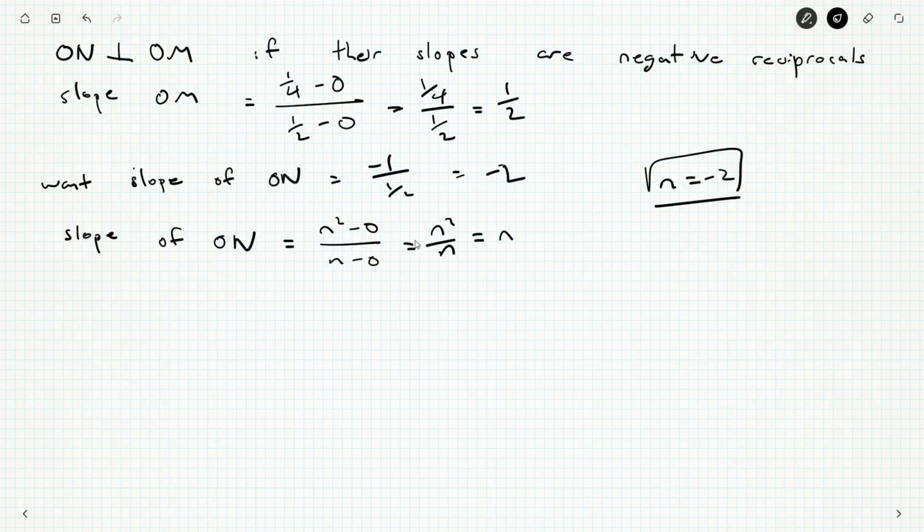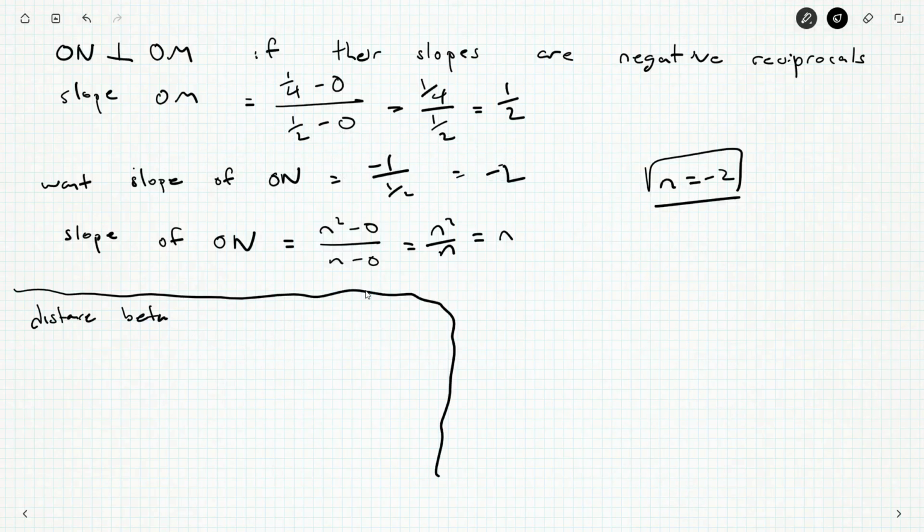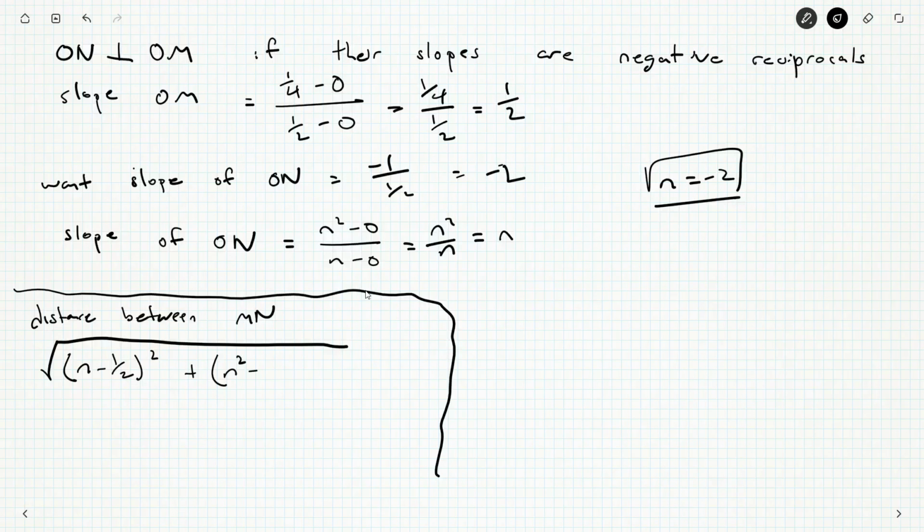Okay? I'm not saying you couldn't do it by figuring out distances, but just for a moment, let's go off to the side. We'll figure out the distance between M and N. It'll be in terms of n, but we would need this if we were going to go the Pythagorean triangle route. So distance between 2 points, you take the difference in their x-coordinates, square that, and then add the difference in their y-coordinates, and square that.